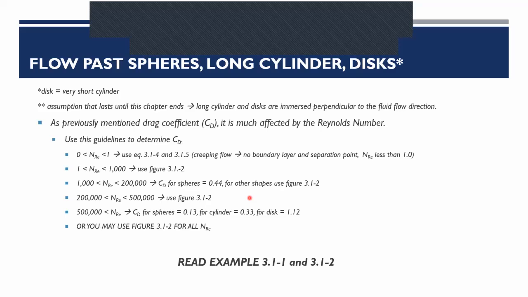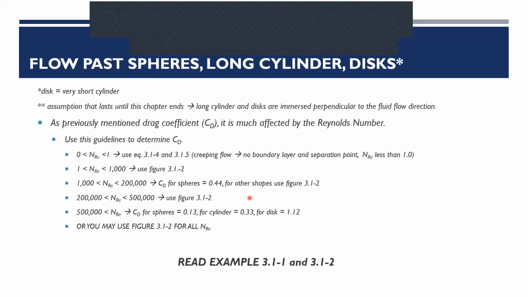So if the fluid flow direction is horizontal, the long cylinder and disk will be placed vertically.